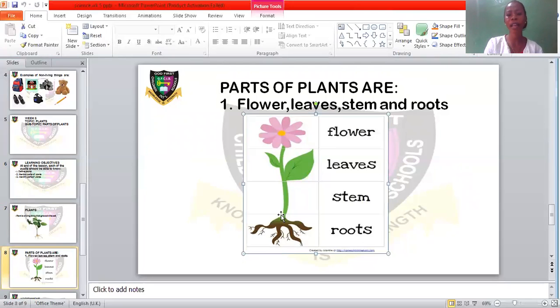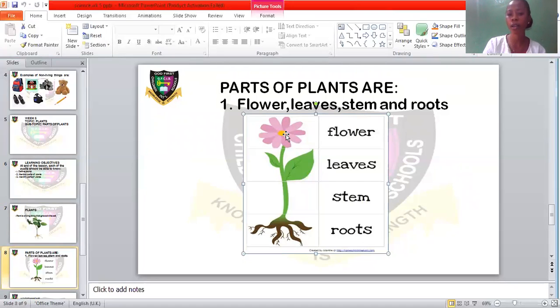How many parts of plants do we have? 4. Let's name them: flower, leaves, stem, and roots. Let's take it again. Now let's identify them.